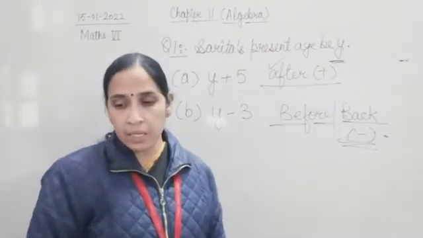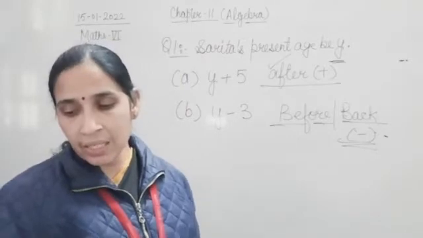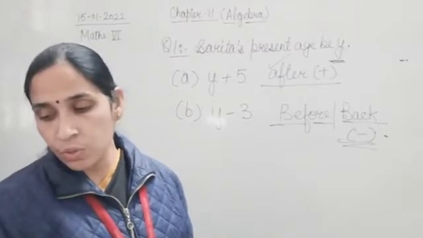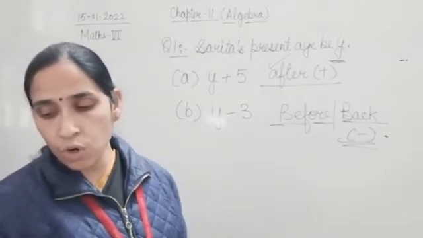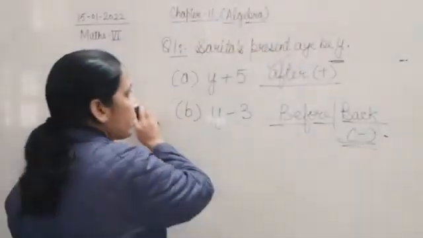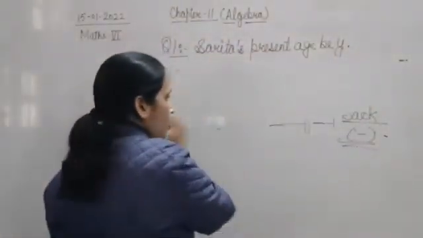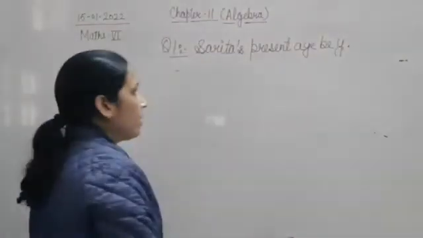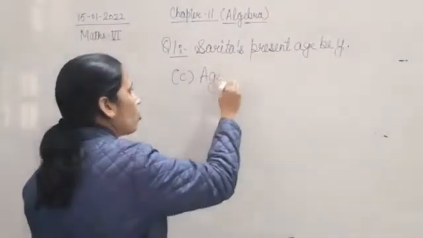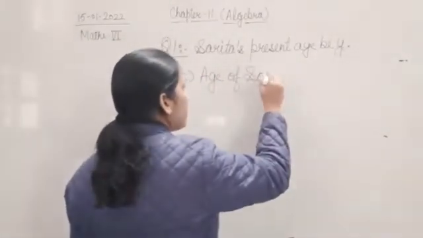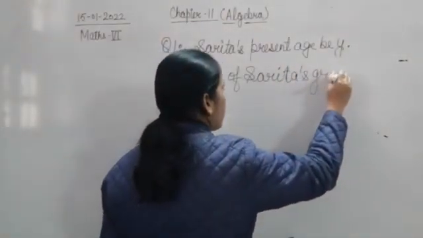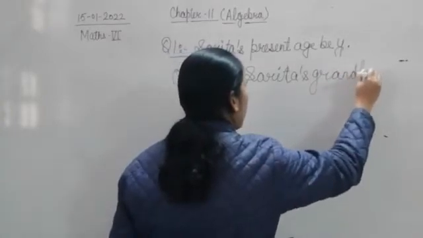Then we'll come to the next part: Sarita's grandfather is 6 times her age. What is the age of her grandfather? So Sarita's grandfather is 6 times her age. This is part C, the age of Sarita's grandfather.